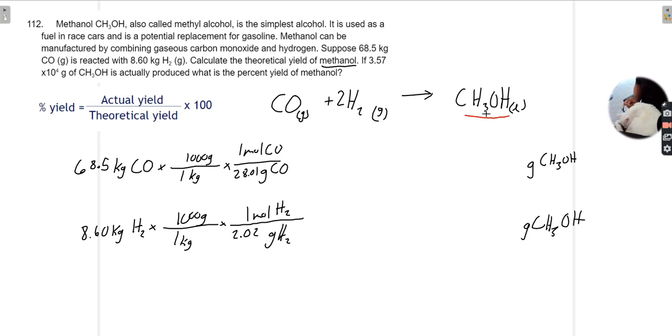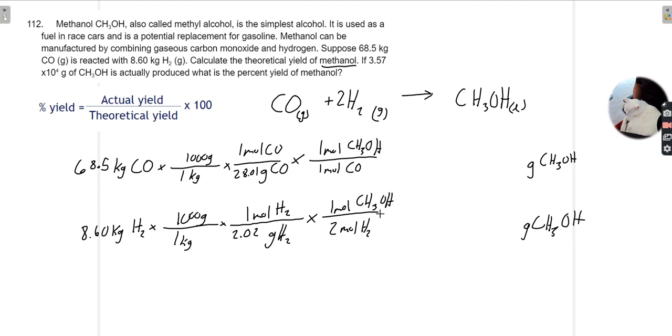So what we need to do is use the mole ratio, and we use that from the balanced chemical equation. Luckily, we already balanced it. So this is a 1-to-1 ratio, so we put 1 mole of CO equal to 1 mole of CH3OH. Over here, we got 2 moles of H2 for every 1 mole of methanol, CH3OH.